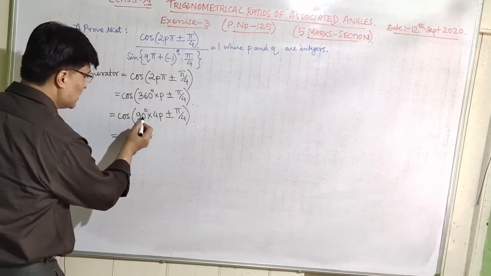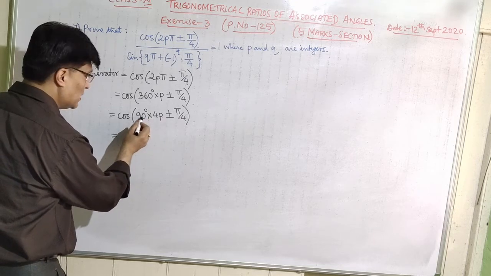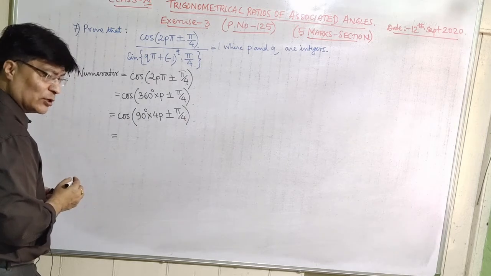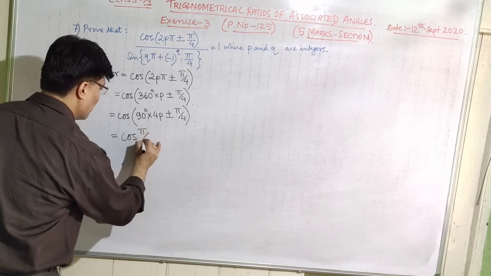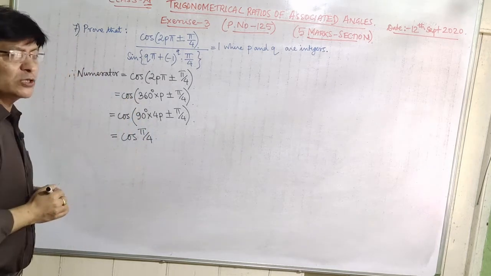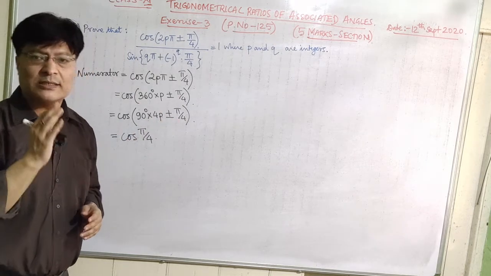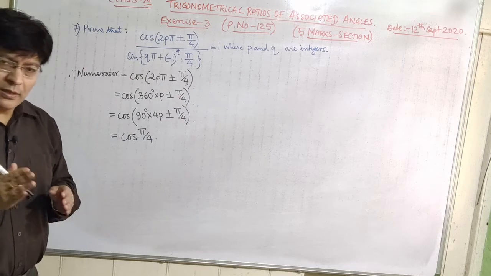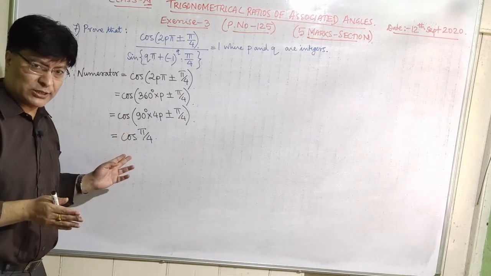And since this is 90 degrees into 4p, an even multiple of 90, cos remains as it is. So it will be cos pi by 4. In this case, these angles lie either in the first quadrant or in the fourth quadrant, and in both quadrants cos is always positive.